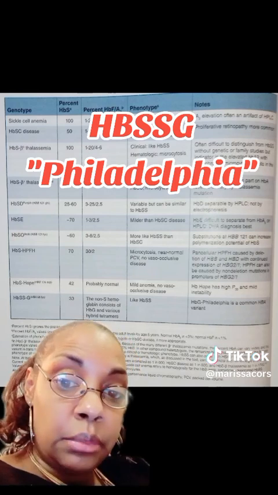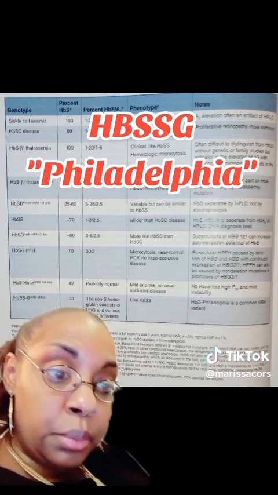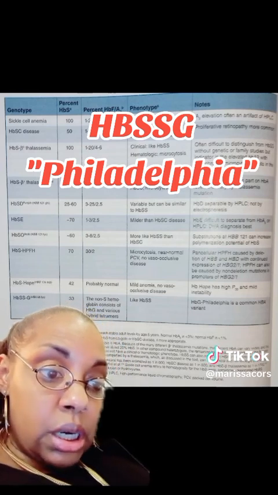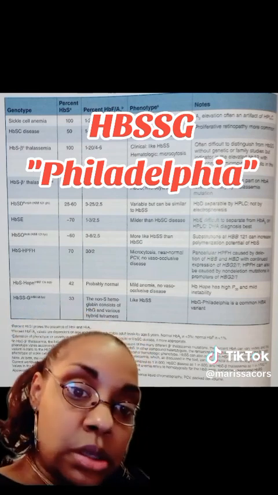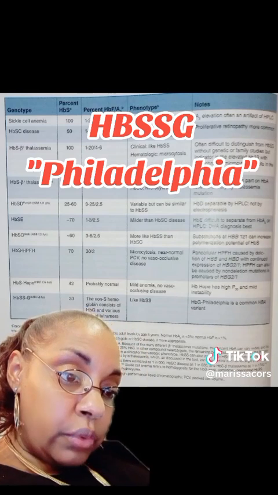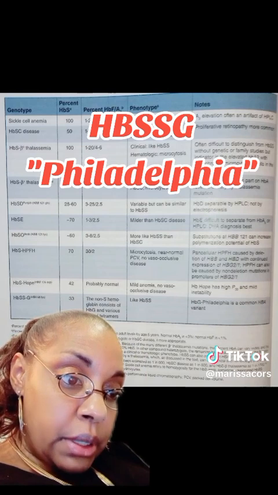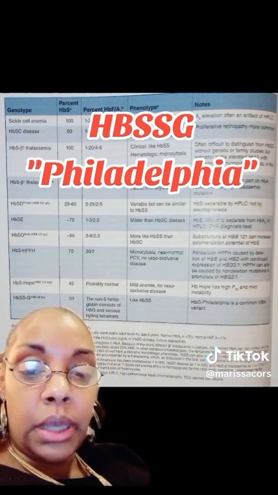It's like hemoglobin S and hemoglobin G. It is also known as the Philadelphia phenotype, and it is common. It is a common HbA variant.